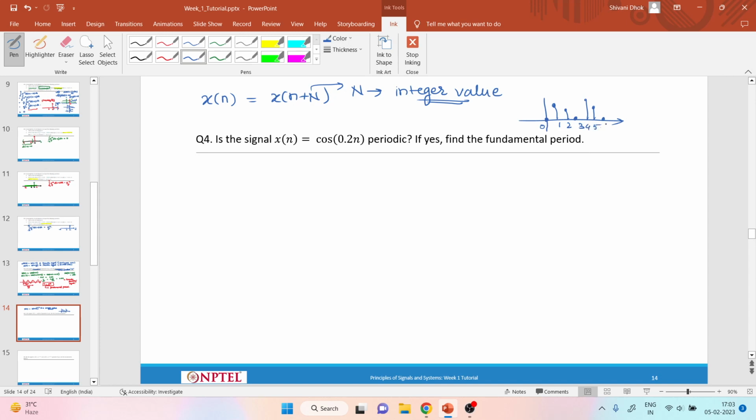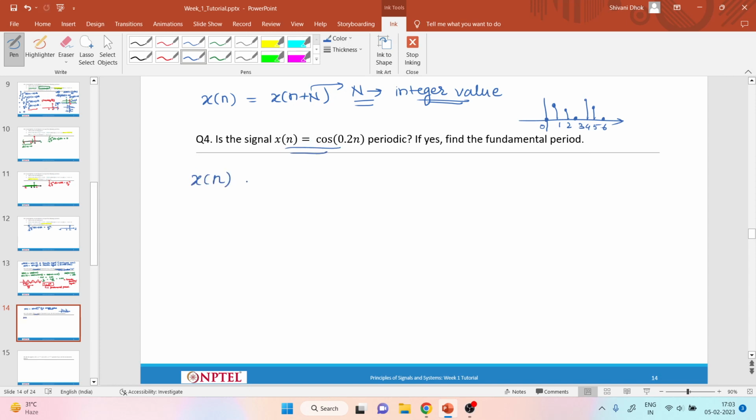Similarly, the sixth sample is similar to the 0th sample. Now this periodicity is with respect to some number of samples, and therefore it has to be an integer value. That's why this N should be an integer value, and then only we can say that it is a periodic signal. So let's try to understand if this is a periodic signal or not.